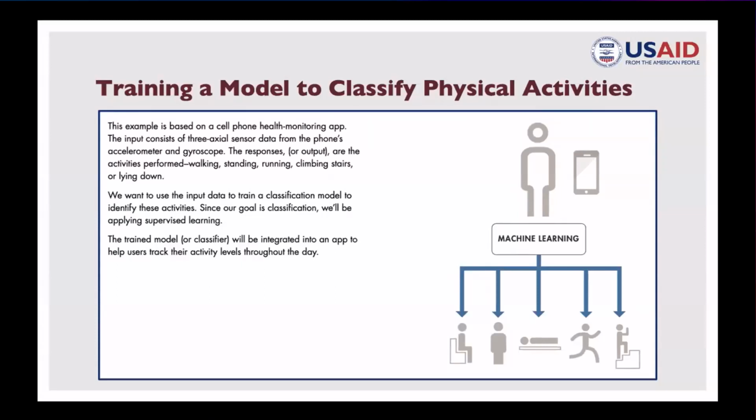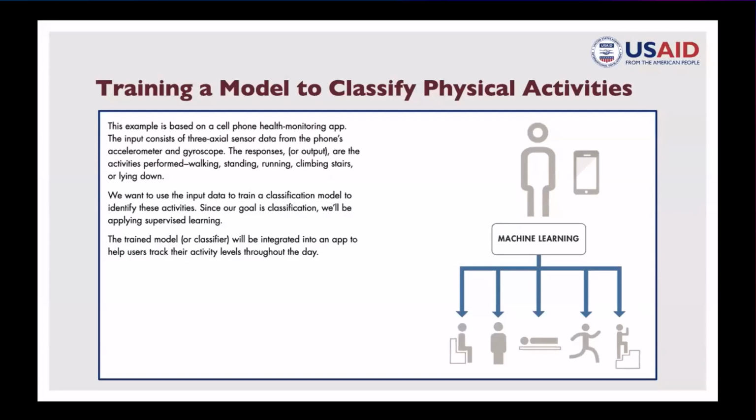Okay? So again, if it has something to do with categorical data, walking, standing, running, climbing stairs, or lying down, based from the input being provided by the accelerometer and the gyroscope, then we use a classification technique or classification model. So it can be SVM, KNN, naive Bayes, and so on and so forth.